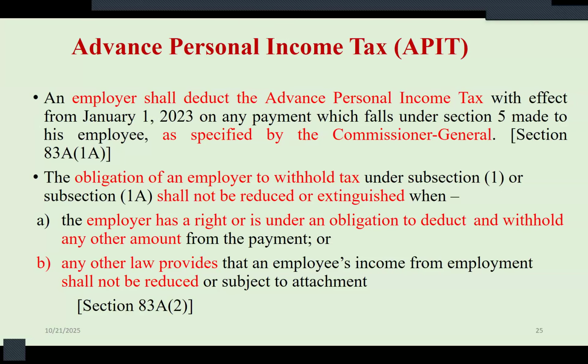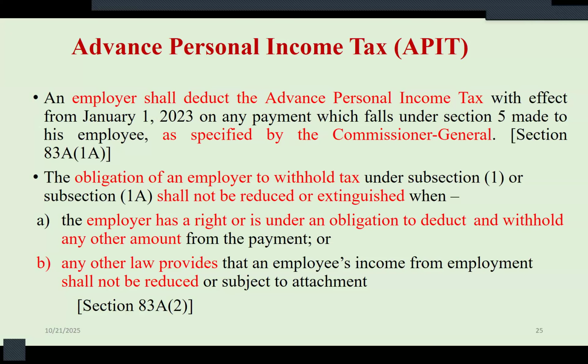So advance personal income tax is a kind of withholding tax. Withholding means when we are receiving income from our employer, at that time, employer should deduct taxes from our employment income. Employment income means it can be salary, bonus, allowances.